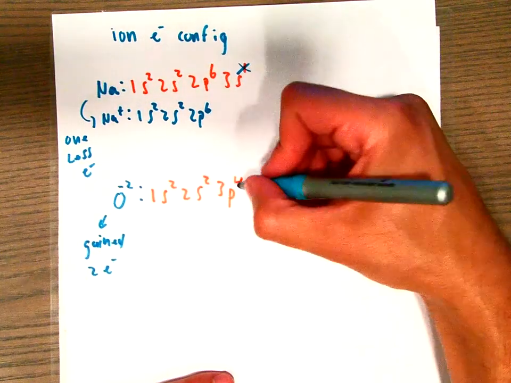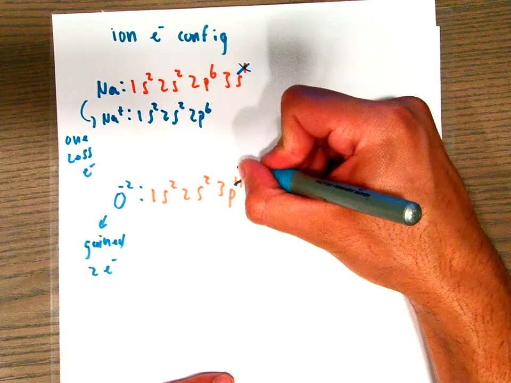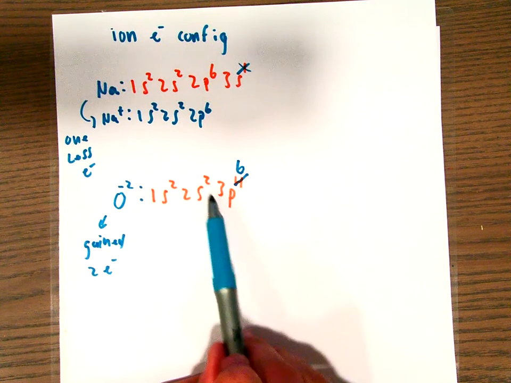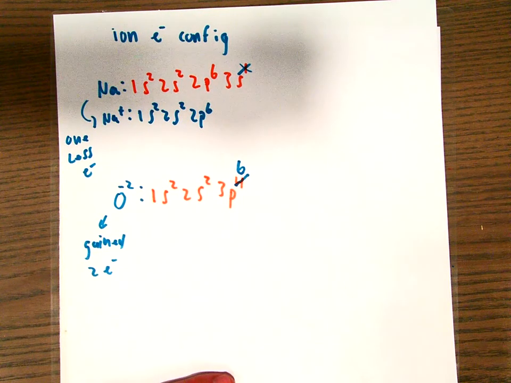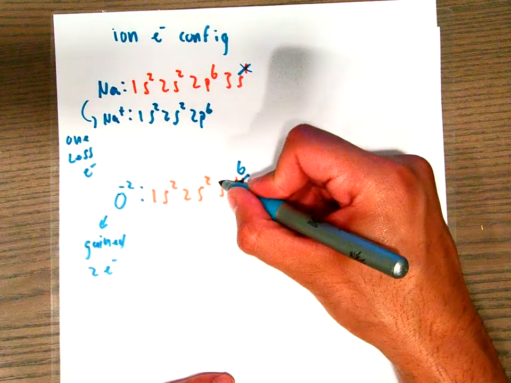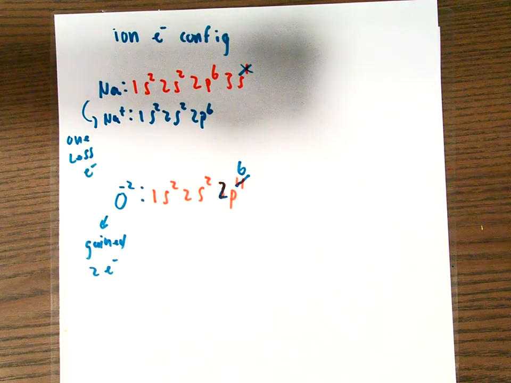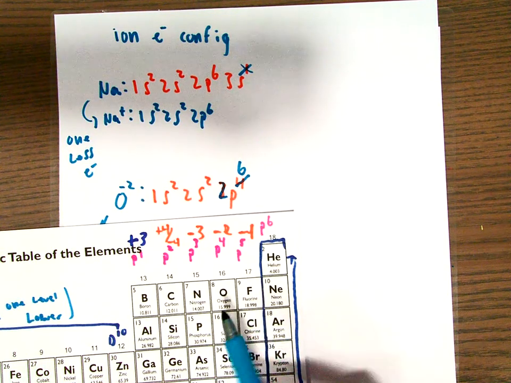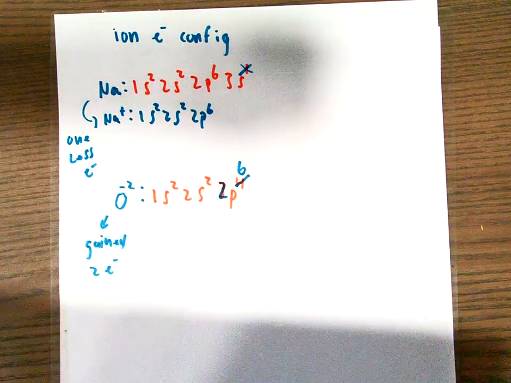If it gains 2, then we have to add 2. So rather than ending in 4, it's going to end in 6. So our configuration for this is 1s2, 2s2, 2p6. Okay? Sorry, I said 3p earlier, that should be 2p6. Okay. So if you notice, that's also the configuration of neon. So these are the same. Both of those atoms like to behave like neon.